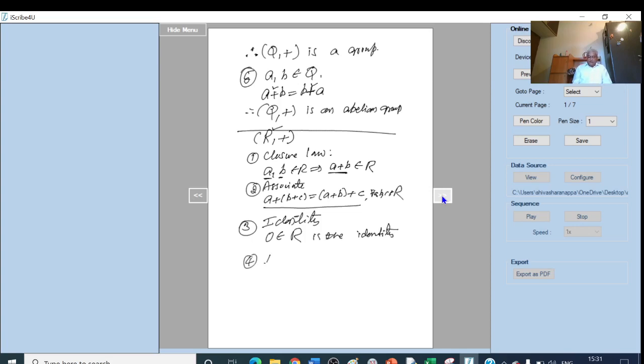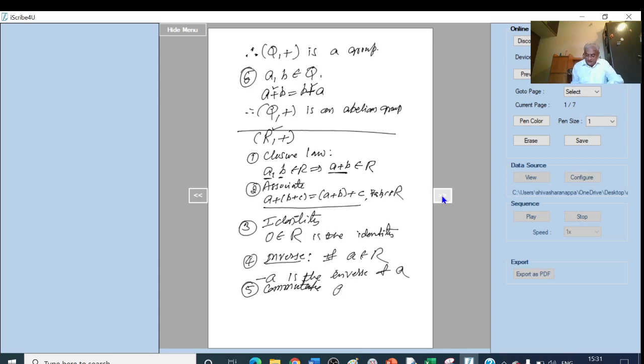And what about the inverse here? Our operation is plus. If A belongs to R any element, then minus A is the inverse of A. So all the four conditions are satisfied here. What about the fifth condition? Fifth condition is also satisfied here. That is here commutative law holds.